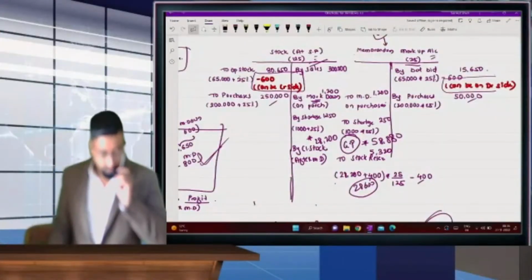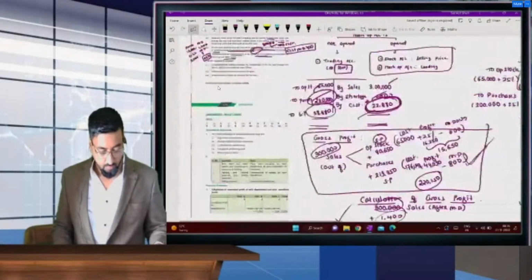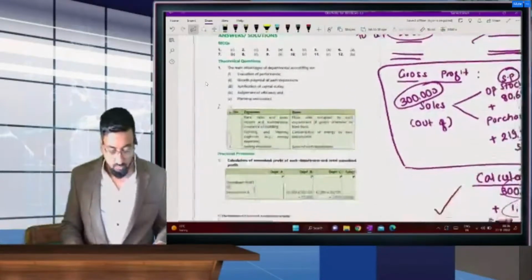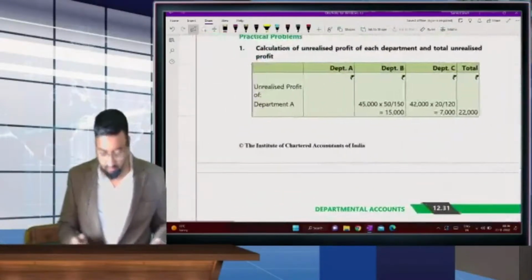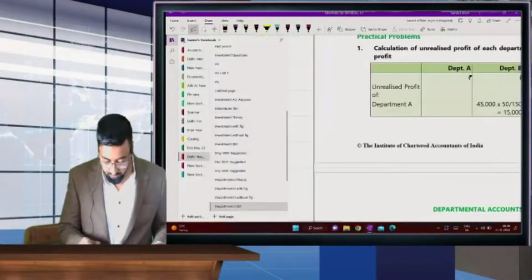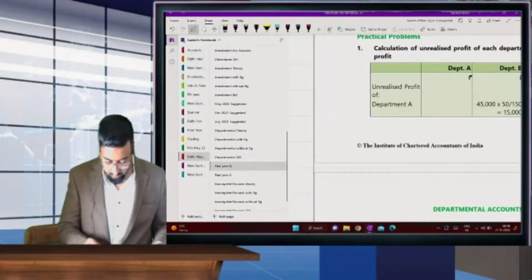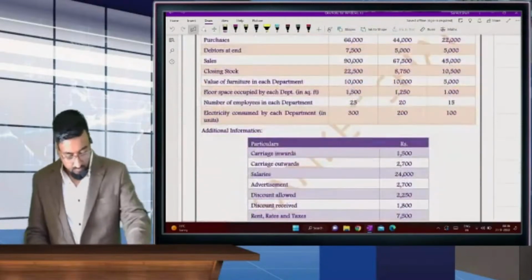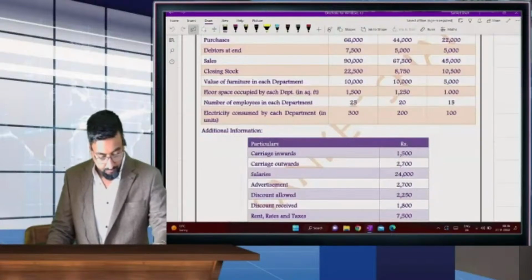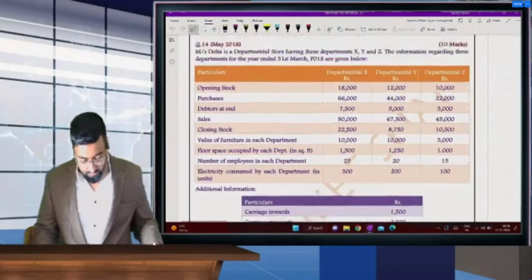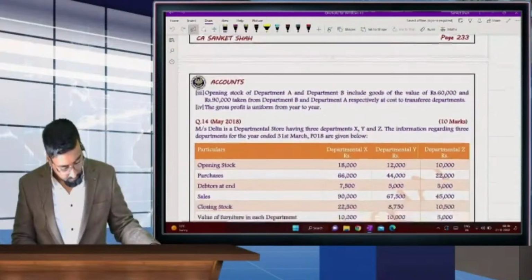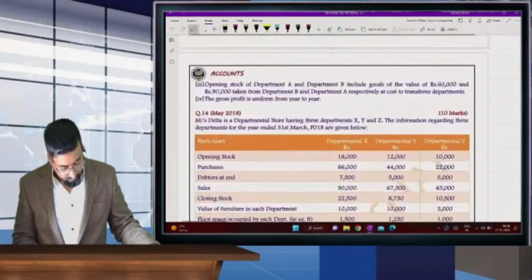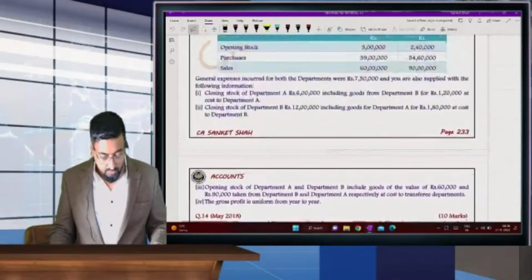चलो. Question number, now we are going to solve past examination questions. Yes, now you only tell me questions.